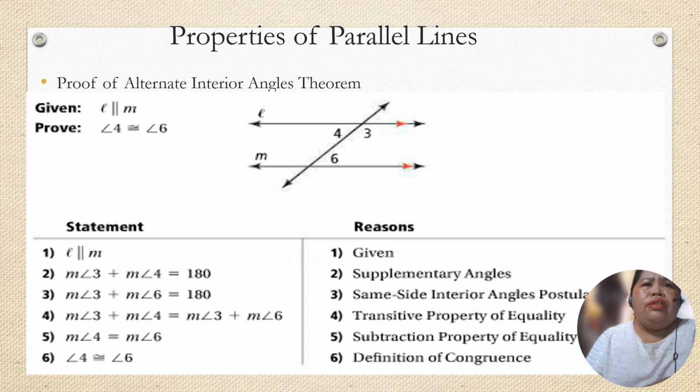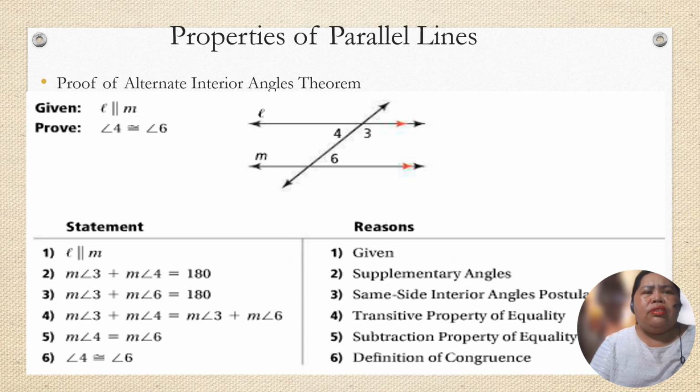Okay. So for example, we have the proof of the alternate interior angles theorem. So we have line L parallel to line M, and we'll prove that angle 4 is congruent to angle 6. Okay, so statement: line L is parallel to line M, that is of course given. Measure of angle 3 plus measure of angle 4 is 180 degrees, so those are supplementary angles.